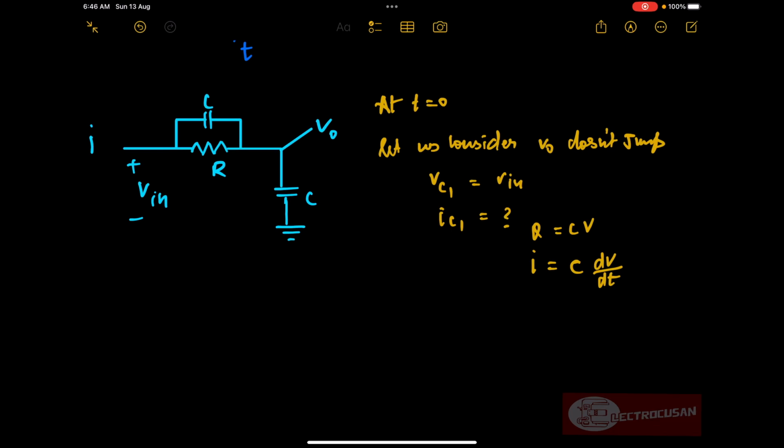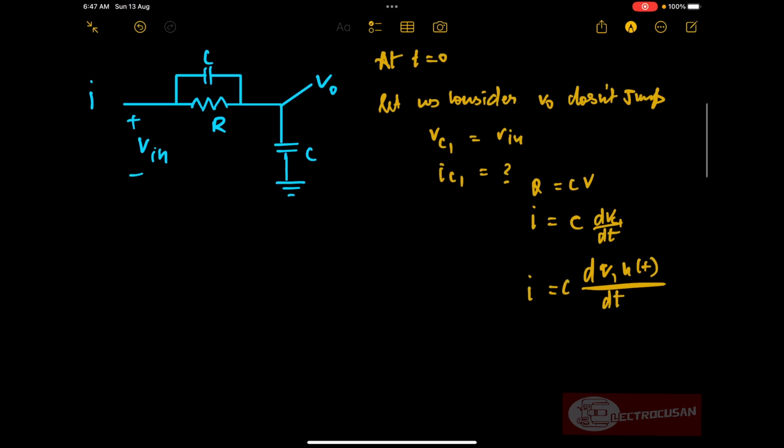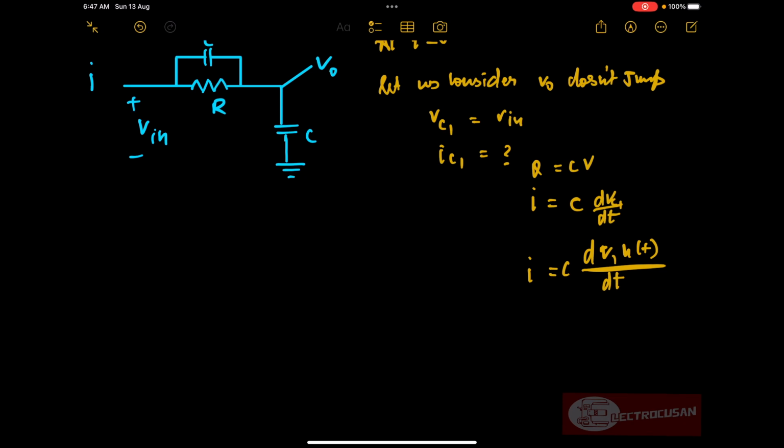As you can see, Vc1 is the voltage across the capacitance, and the derivative of Vc1 with respect to t here is d of V1 times u(t) divided by dt, times C, is equal to the current, and this is equal to C V1 delta(t).